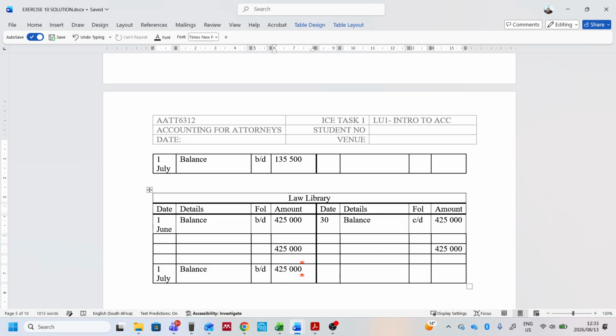That's why your assets, your liabilities, and capital are balanced off to indicate the amount that we're going to carry forward: the asset value that we're going to continue to use in the following financial year, the amount that the customer will continue to owe us in the coming financial period, or the amount that we're going to continue to owe our supplier. So that's why you're going to have these accounts where we calculate the balances all the time.